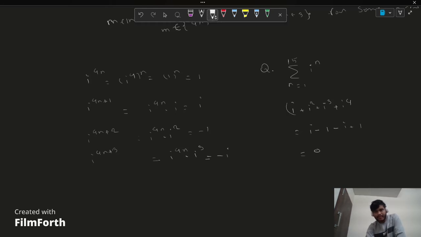And we can pair these up for every 4 terms, because i to the power 5 plus i to the power 6 plus i to the power 7 plus i to the power 8 will again be 0.